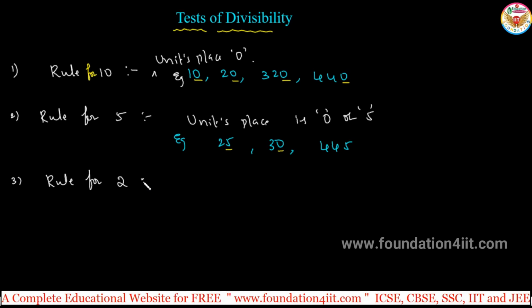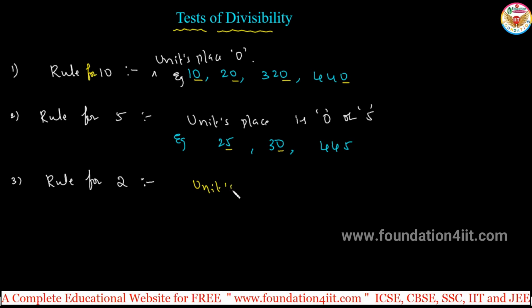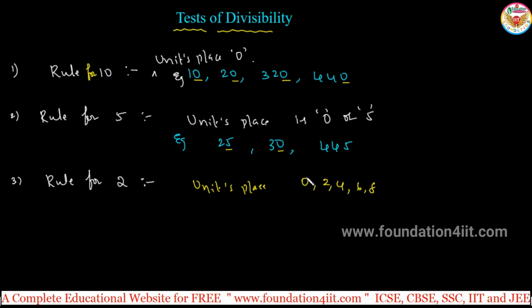Now the divisibility rule for 2. In this case, all the even numbers are divisible by 2. That means the units place is 0 or any even number: 0, 2, 4, 6, 8. If any one of these digits is in the units place, that number is divisible by 2.